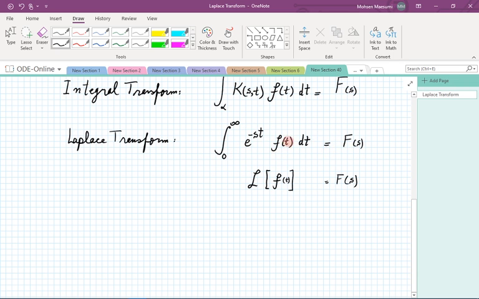So we are going to start with some nice simple function for this f, and just go ahead and calculate this integral, and that's going to be our F of s. In that process, we are going to start building up a certain table. So you are going to see me drawing this table over and over again.